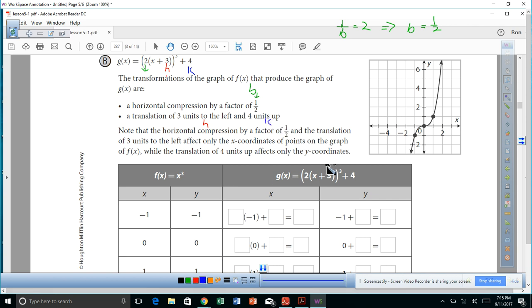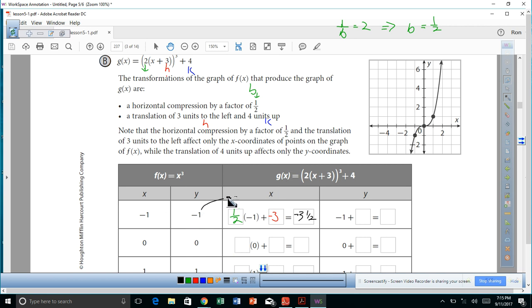Okay, so we got this point, -1, -1 right here. So we're going to have 1/2 times -1 plus, and that was x plus 3, so that's going to make h -3. And that's going to give you -2 1/2. Okay, now what about the y? The y is going to be -1.